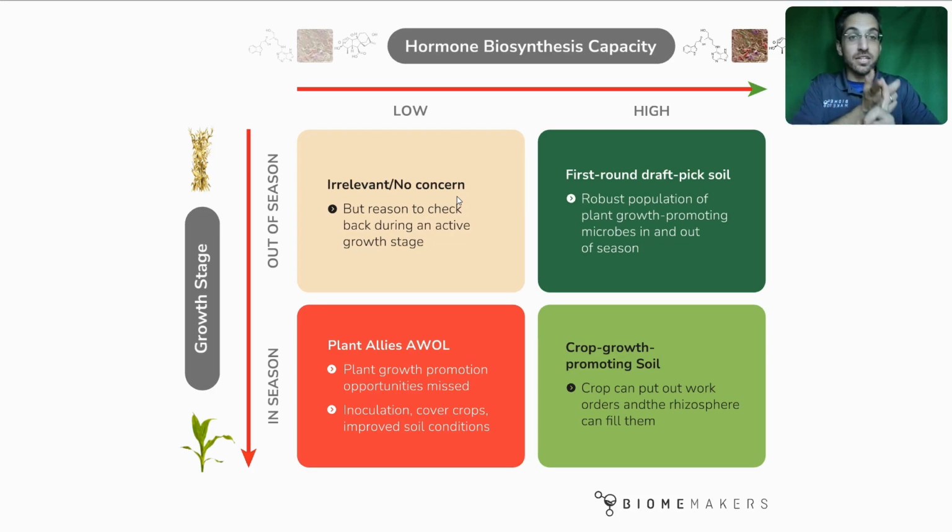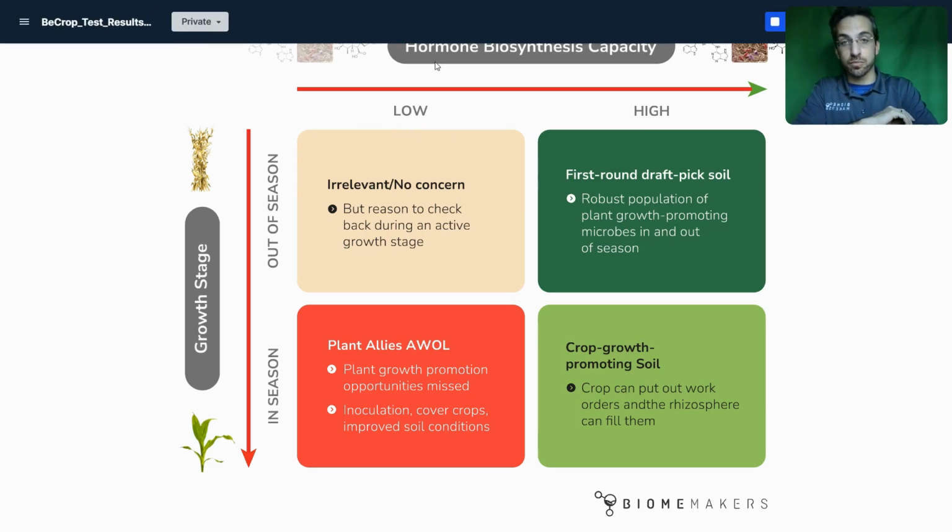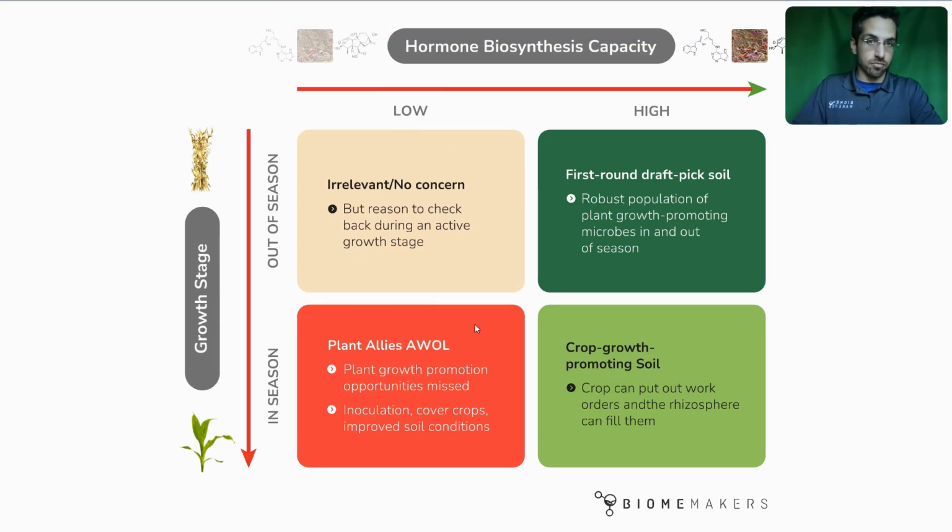But if I collected rhizosphere soil during the growing season, when there are developing plants, when there are roots growing in that soil, acquiring nutrients, a plant that's growing and developing, and I see low numbers of plant hormone producing microbes, that is alarm bells.